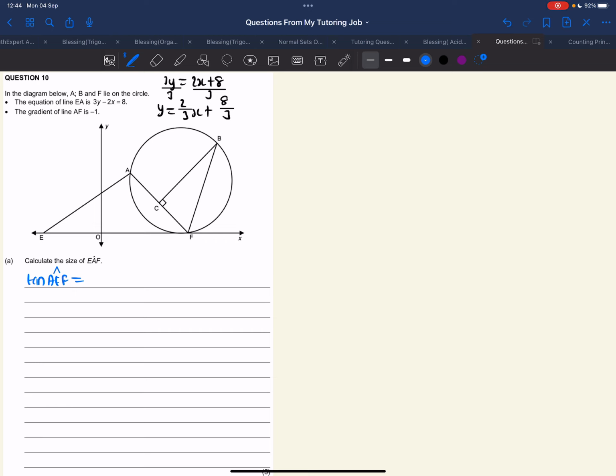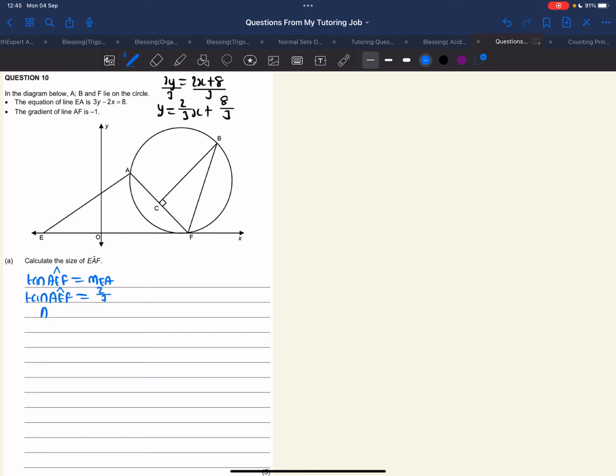Which is basically going to be the tan of which gradient? The gradient of line EA, right? Now to find that angle, we say tan of AEF. Remember that the gradient of line EA is 2 over 3.